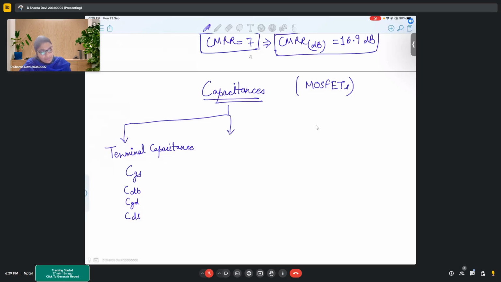The next branch of capacitances are gate capacitances. This is the capacitance that comes because of gate oxide. So this is basically the COX in your device, right? Then another one is junction capacitance.